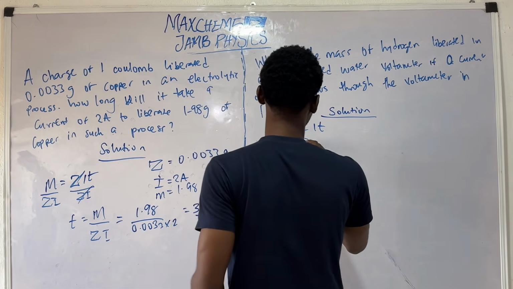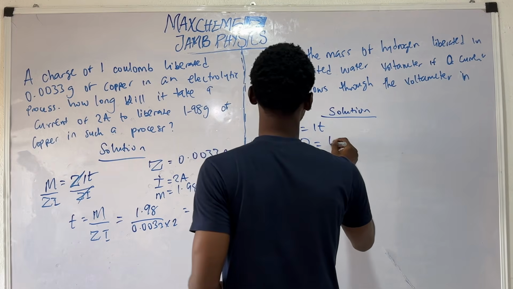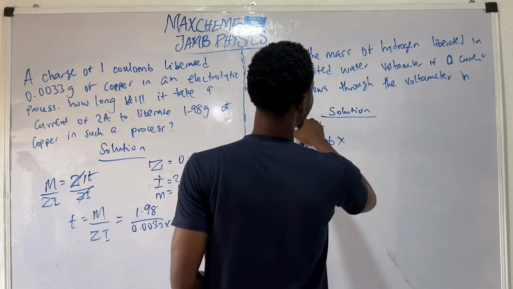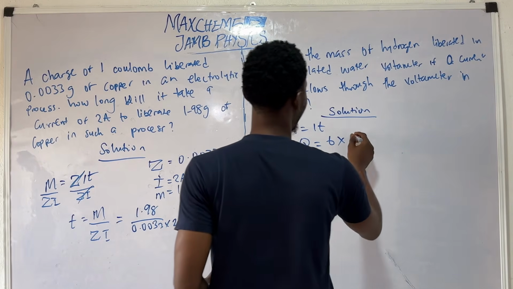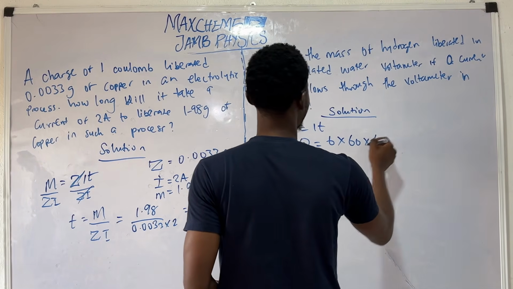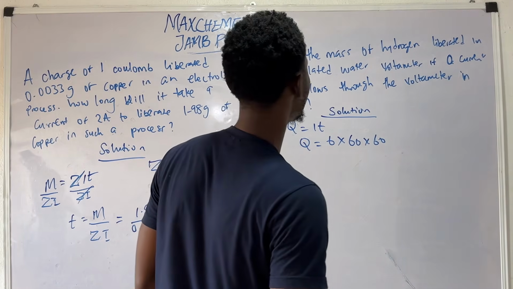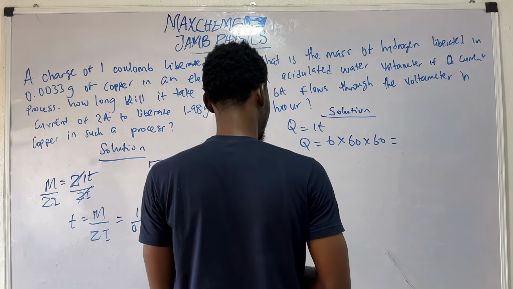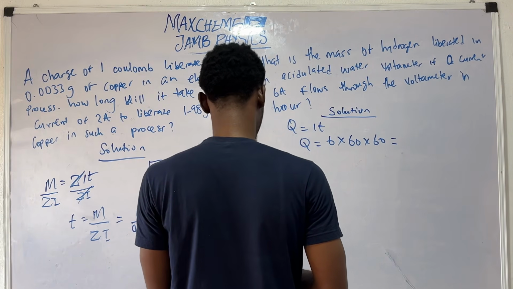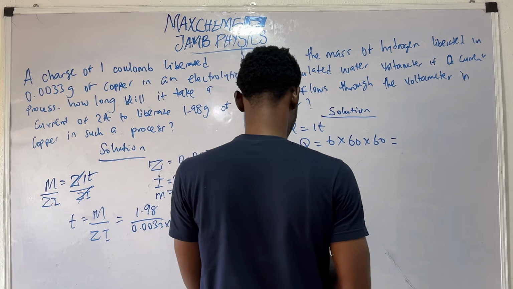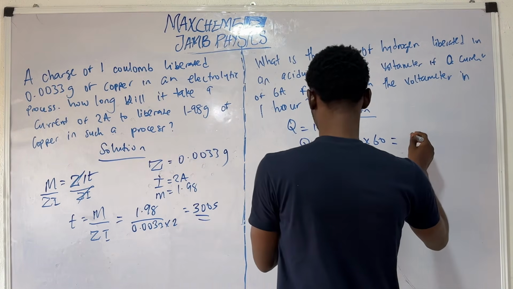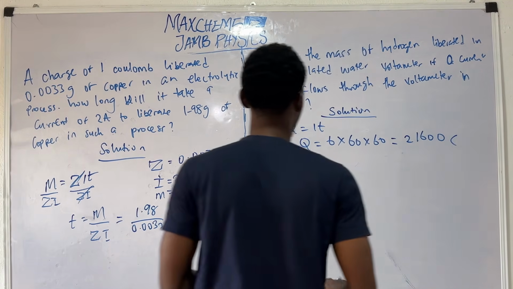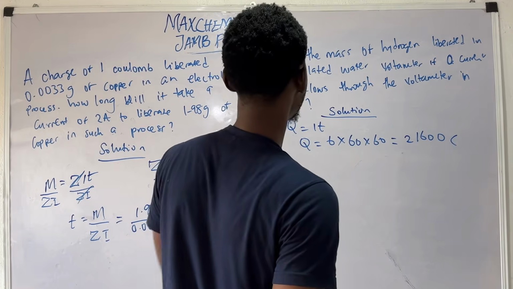The current is 6 and the time is 1 hour, which is 60 multiplied by 60 to convert it to seconds. So the quantity of electricity is 6 times 60 times 60, which is 21600 coulombs. This is for silver.